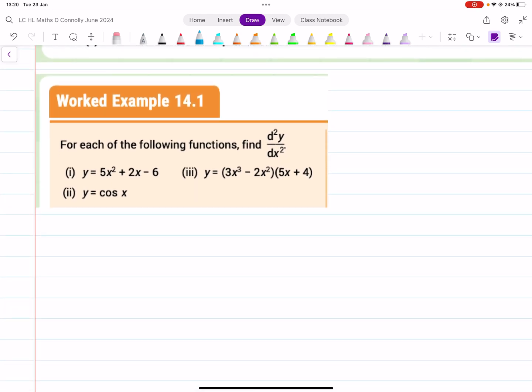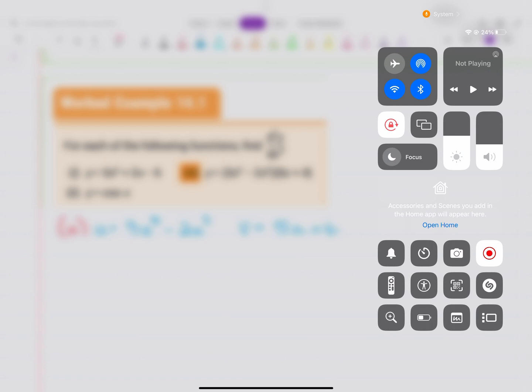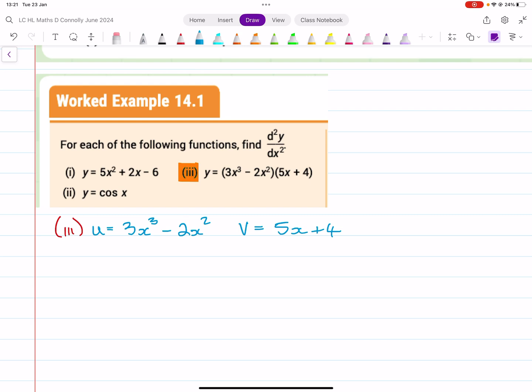I mean, we can do it if you want. This is probably the most difficult one, so we'll give that a go. So it's a product. u is 3x cubed minus 2x squared, and v is 5x plus 4. Sorry, I was trying to figure out if I could pause there. Anyway, du/dx is, 3 3s are 9, 9x squared minus 4x, and dv/dx is 5.